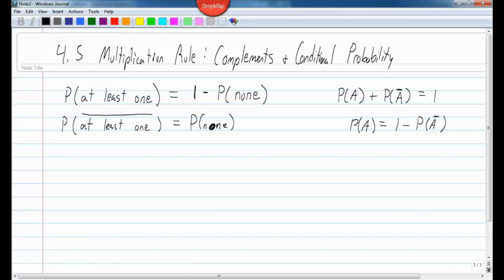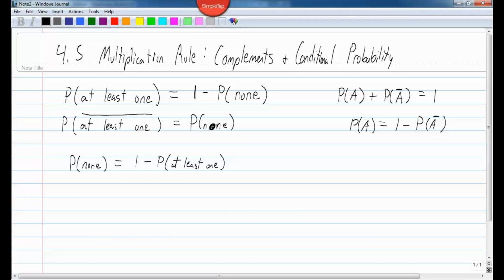Alright, and we'll use that to help us find some probabilities. In the same respect, depending on the information given, if you want to know the probability of none, that's the same thing as 1 minus the probability of at least one. Now that will probably not be used as much.